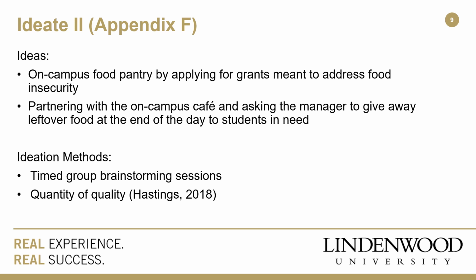At this point in the design thinking process, the scholar practitioner identified the following ideas as showing the most promise: an on-campus food pantry by applying for grants meant to address food insecurity, and partnering with the on-campus cafe and asking the manager to give away leftover food at the end of the day to students in need. These ideas seemed the most feasible because they would be leveraging resources already available at OTC and utilizing the space OTC already has.